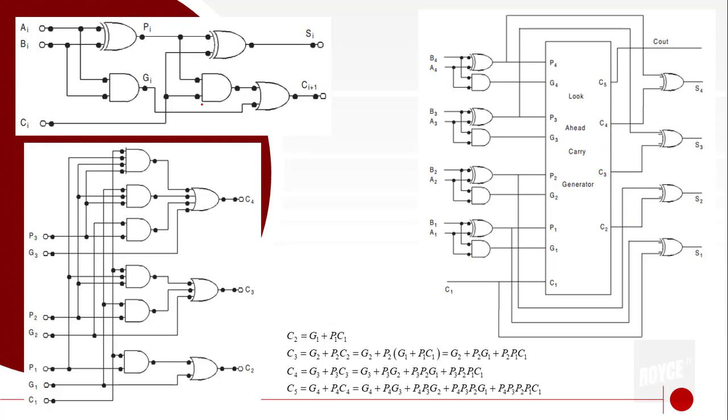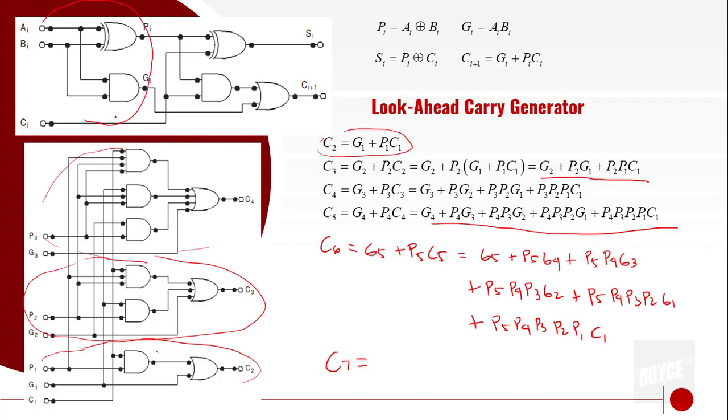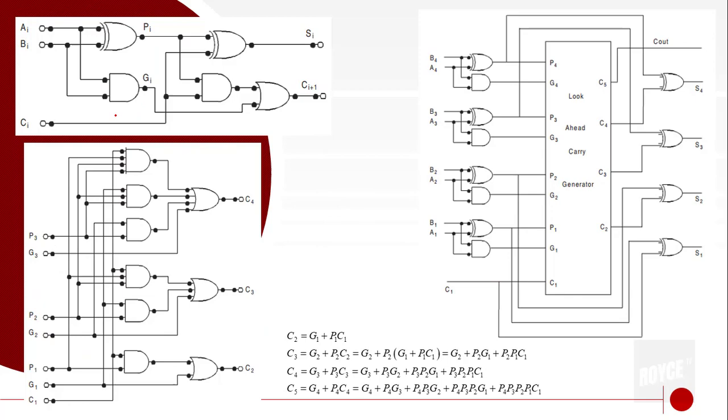O, imbis ilagay pa natin to, isulat pa natin to, hindi na. Half adders na lang. Ito lang portion na to yung tinitingnan natin. A1, B1, output niya, P1, G1.